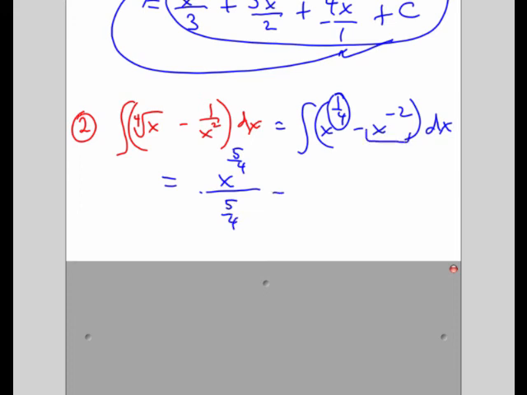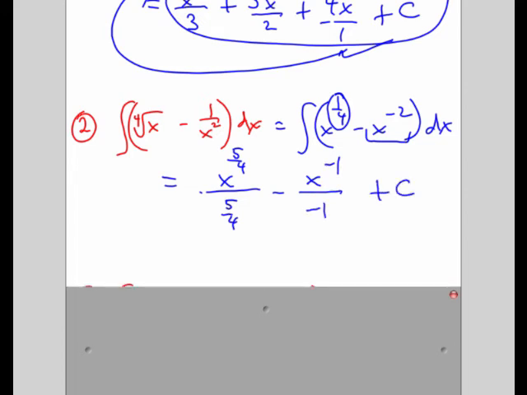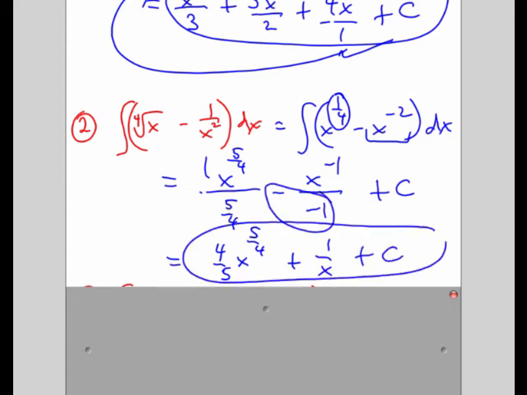Minus, I'm going to increase the power by 1, which is x to the negative 1, and divide by the new power, negative 1, plus a constant of integration. Cleaning it up a bit, 1 divided by 5/4 is 4/5 x to the 5/4 plus 1 over x. That's positive; x to the negative 1 is 1 over x, plus a constant of integration.